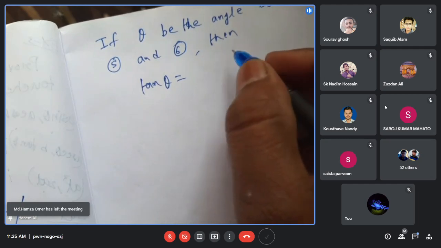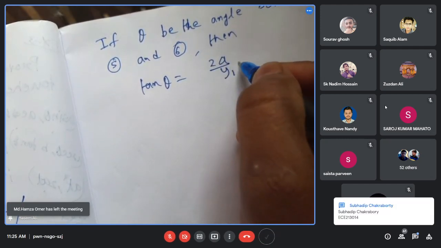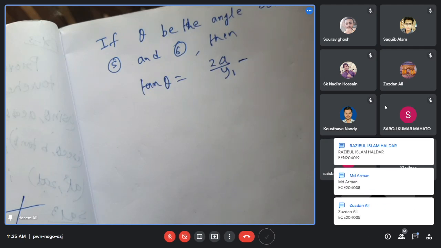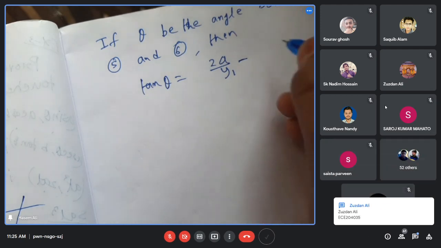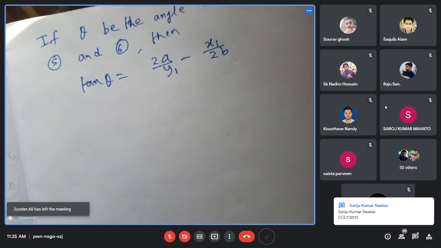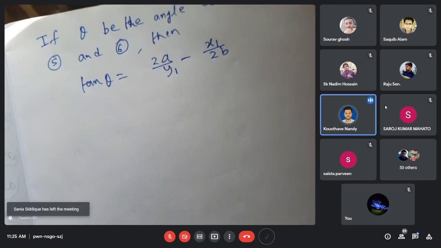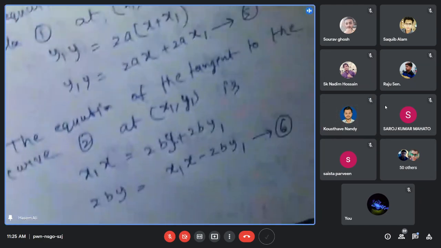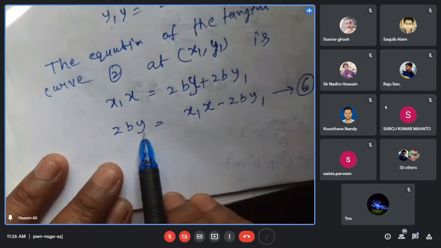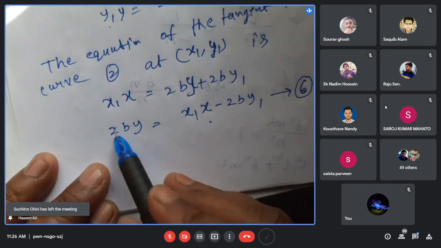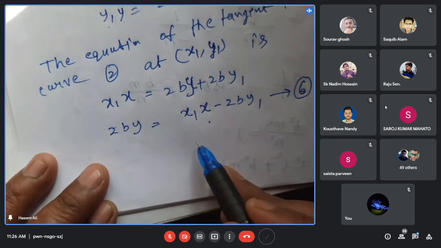So m2 minus m1, that means 2a by y1 minus, what is the gradient of the second straight line? The gradient of the straight line 6: 2by equals to x1 x, so if we divide by 2b, the gradient is x1 by 2b.